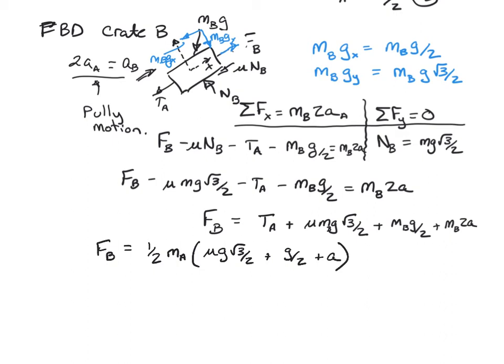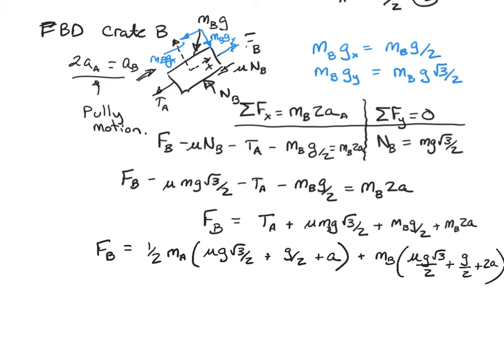That's the T_A, plus m_B times mu g root 3 over 2 plus g over 2 plus 2a. So all of that stuff is now known.